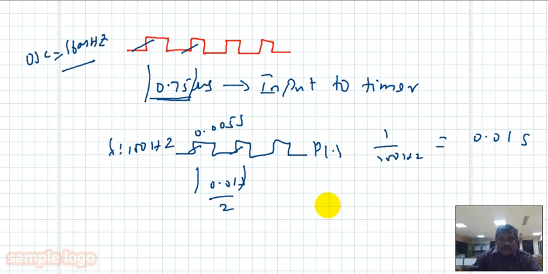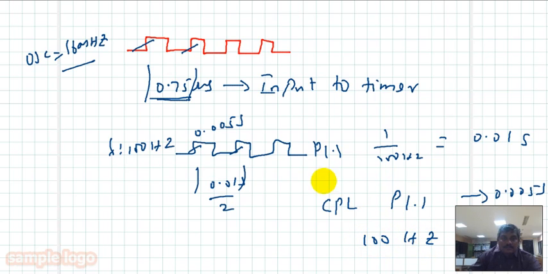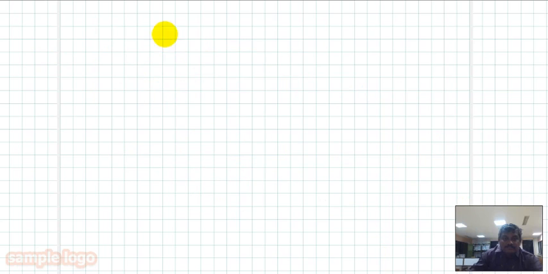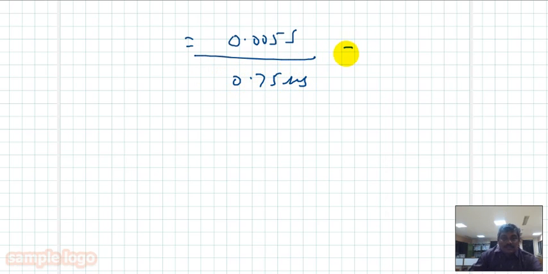If you complement P1.1 every 0.005 second, then you will get 100 hertz. So the delay is 0.005 second divided by 0.75 microsecond, and you identify the count. We are still using mode 1, but this time we are using timer 1. So what is the TMOD value?